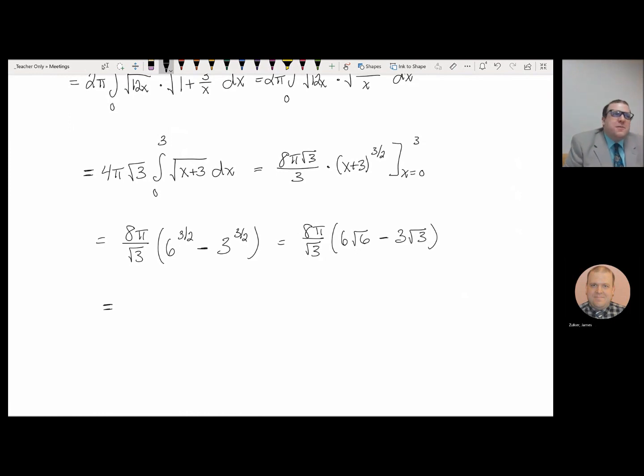That can be simplified. Factor out a 3 root 3. Oh, I factored out a 3. I don't know why I wrote that as a 6. 24 pi times root 2, 2 root 2 minus 1. That is our surface area.